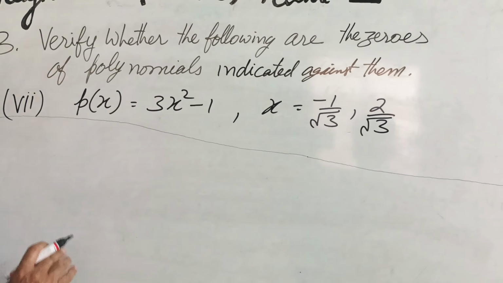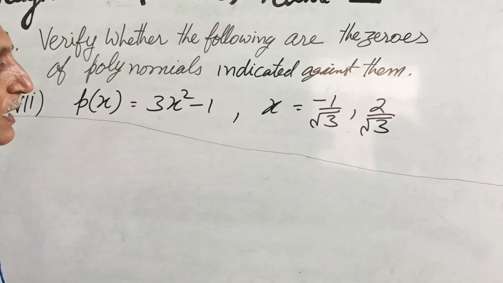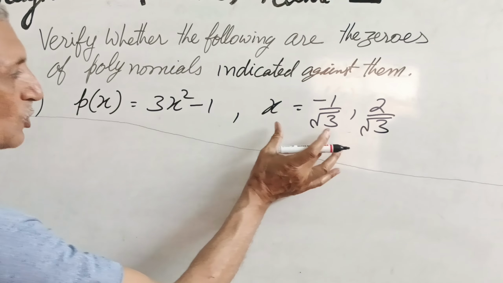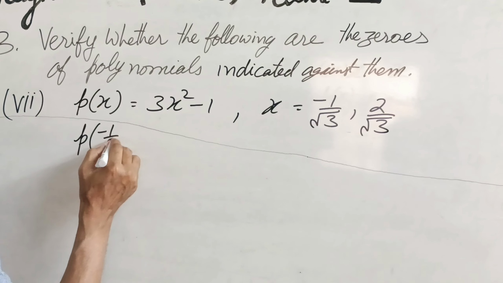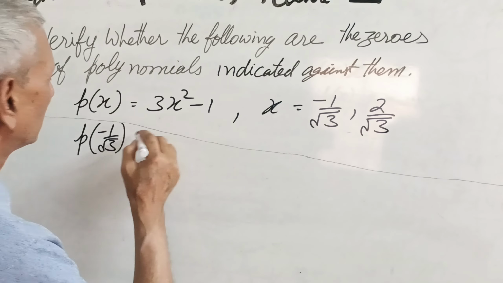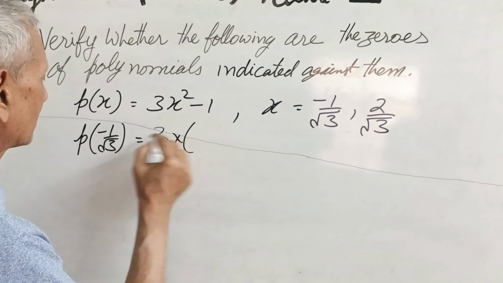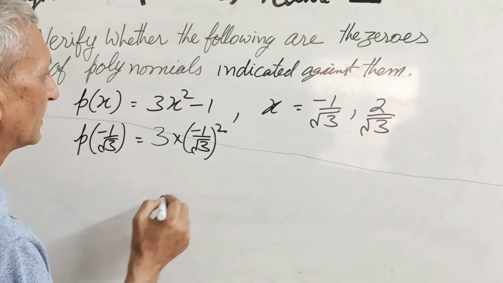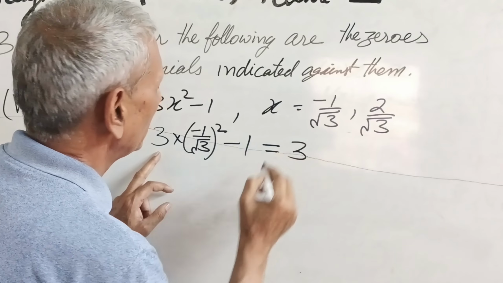See, this is the polynomial and we have to check whether this and this are the zeros of the polynomial. Let's solve this first. So let's check whether minus 1 upon root 3 is a zero of the polynomial. What we have to do is 3 into, instead of x we can keep minus 1 upon root 3 whole square minus 1, and this should give you 3.